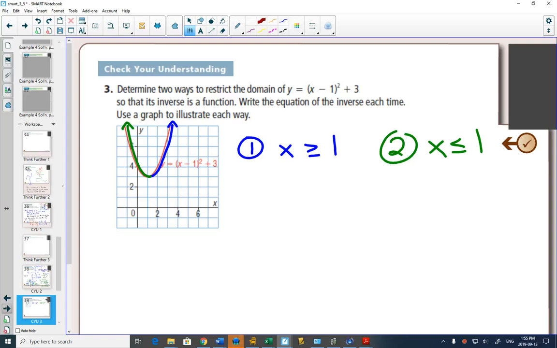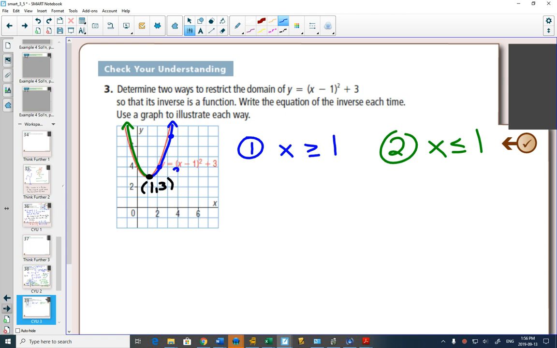Now when I take points, okay, first of all, I'm going to label the vertex, because it's a key point, in black, because it's on both of them. I would have the point 1, 3. I'm going to label in blue a point on the blue half, which looks like we have these 2 points.